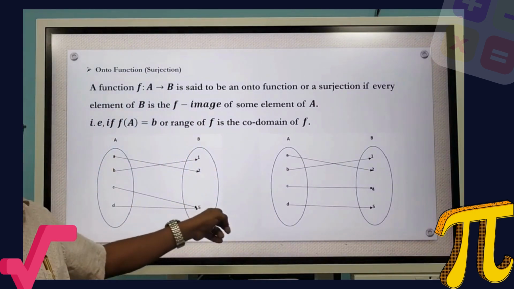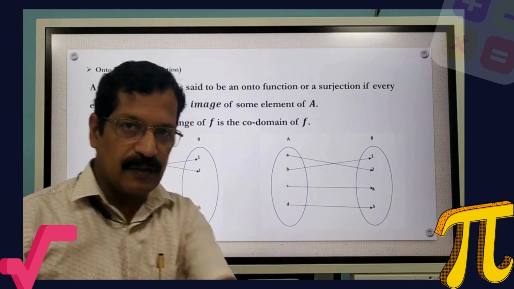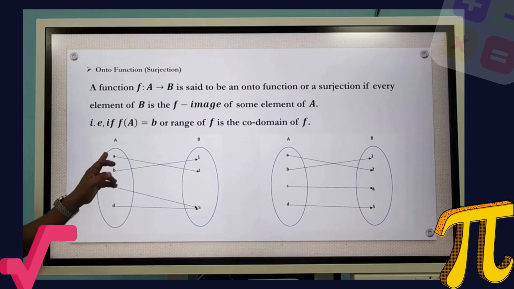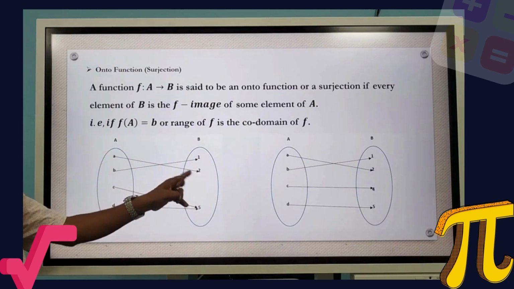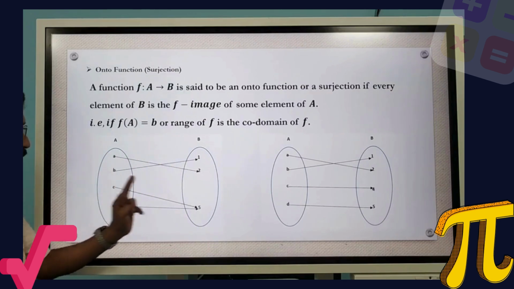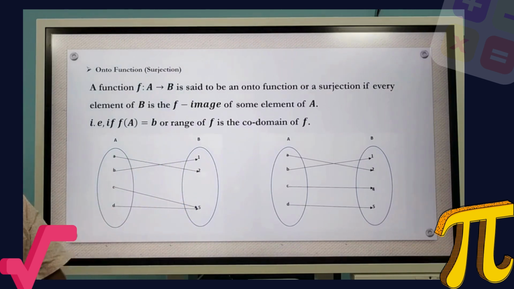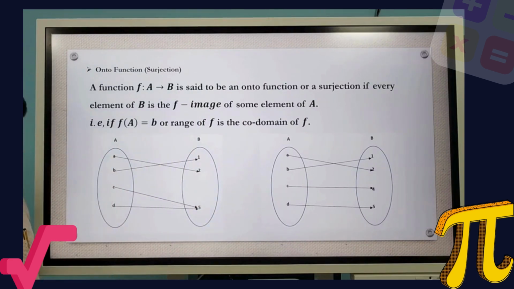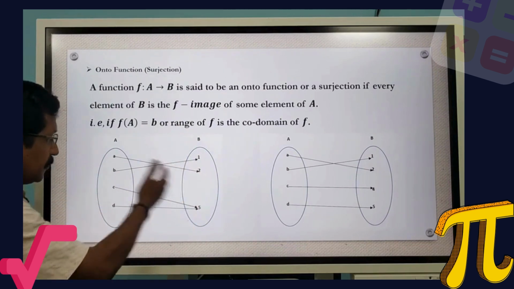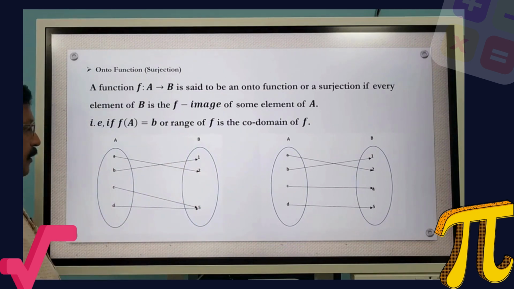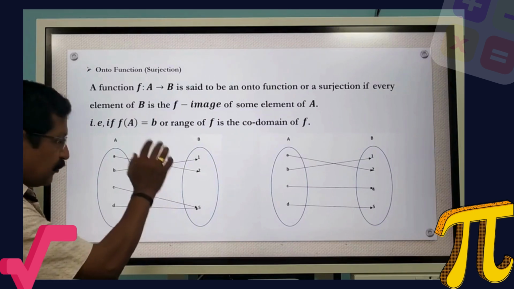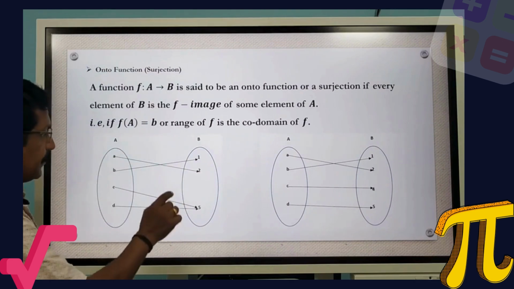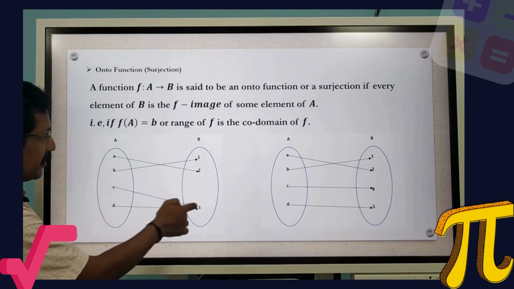Now there are two arrow diagrams. Let us discuss that. A and B be two sets. a is mapped to 2, b is mapped to 1, c is mapped to 5, d is mapped to 5. So every element of B has some pre-image in A. So the function is onto, but you can see that c and d are mapped to 5.